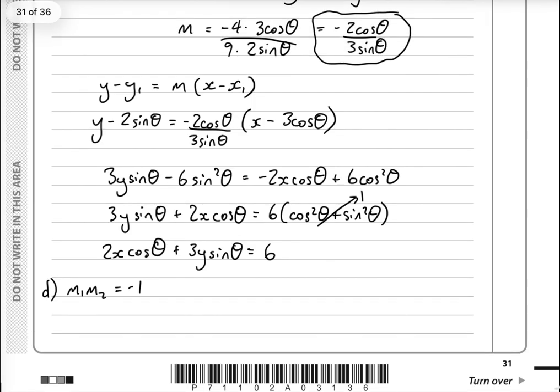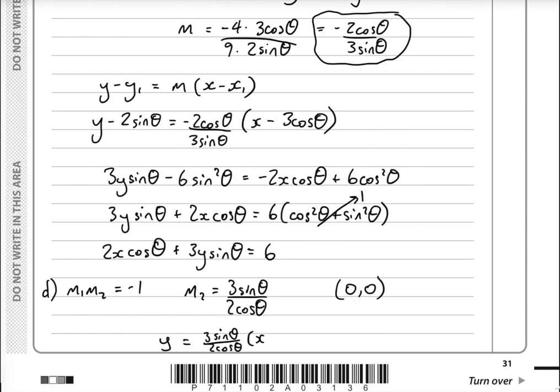If that is m1 on the screen, m2 is 3 sine theta over 2 cos theta, and we know it passes through the origin, so y minus 0 equals m times x minus 0.